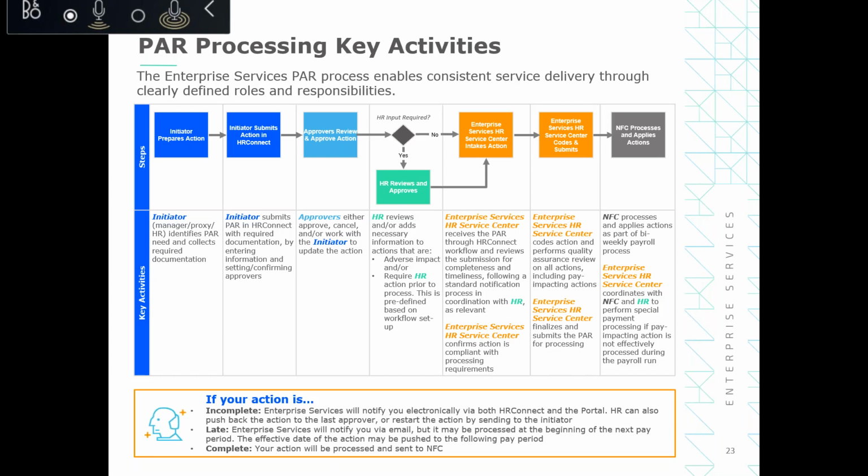Approvers are then responsible for reviewing the actions in HRConnect and approving, canceling, or working with the initiator to update that action. The last approver must submit the PAR to Enterprise Services HR a full pay period in advance of the effective date with all required documentation.